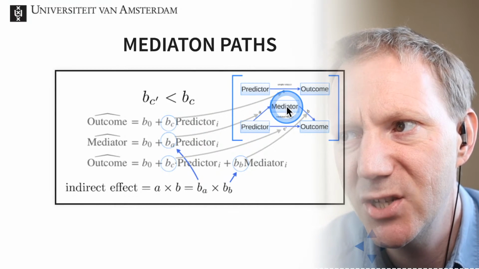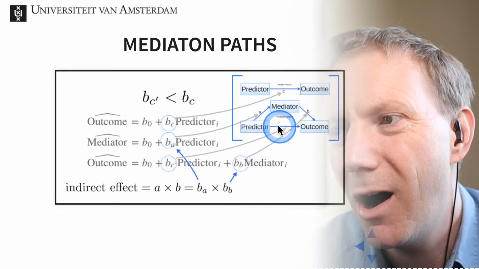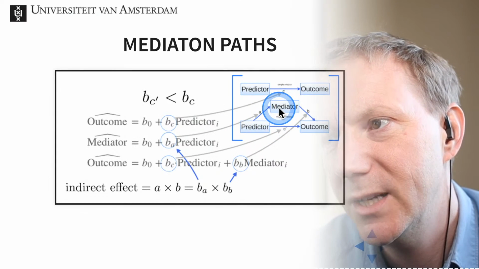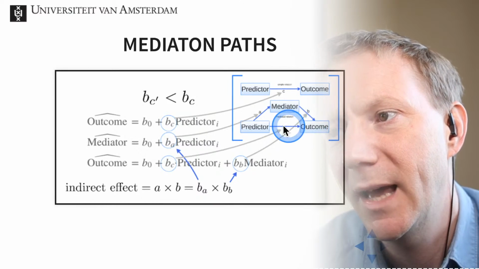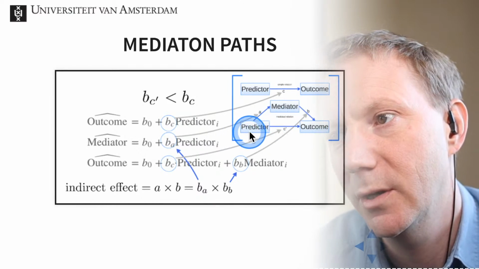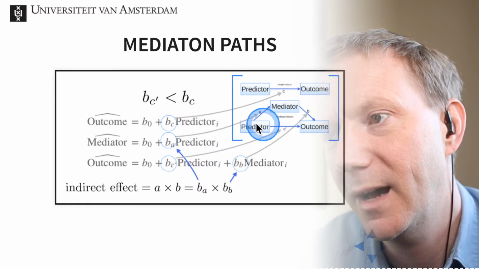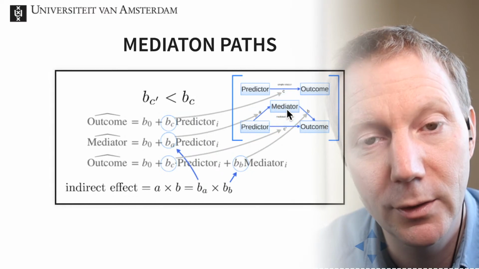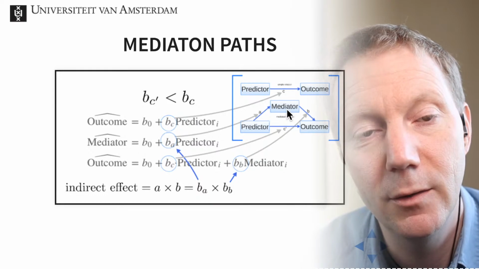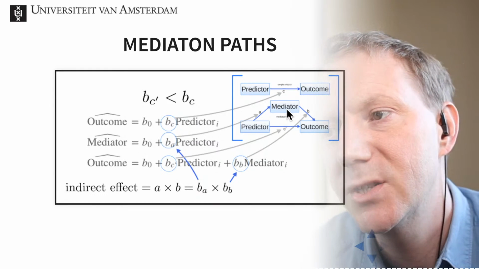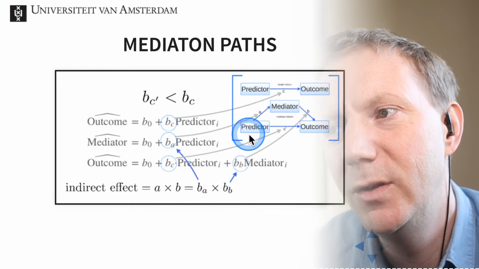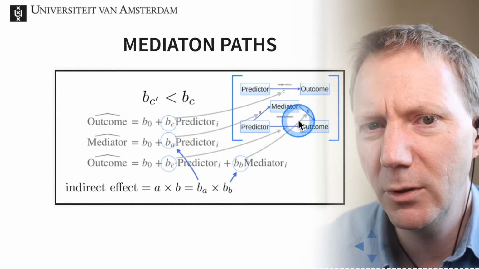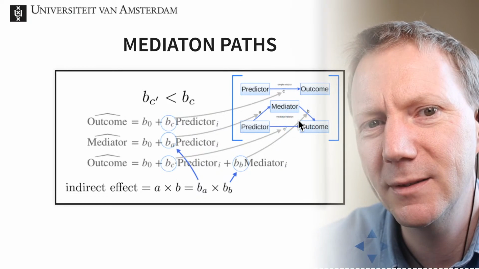So it's essentially turning off the predictor variable and looking only at the relation of the mediator and the outcome, and vice versa, of course, because the relation of the predictor with the outcome is determined while correcting for the mediator. So if you would take the predictor out, well, you're not actually taking it out, right?